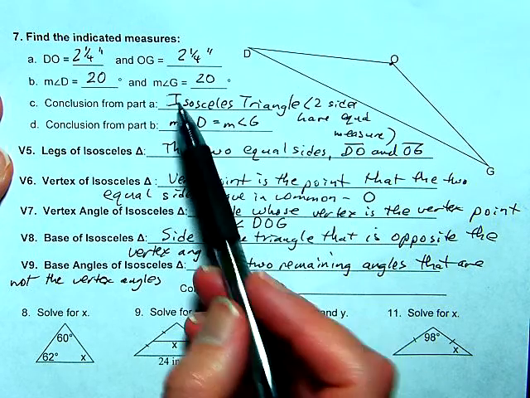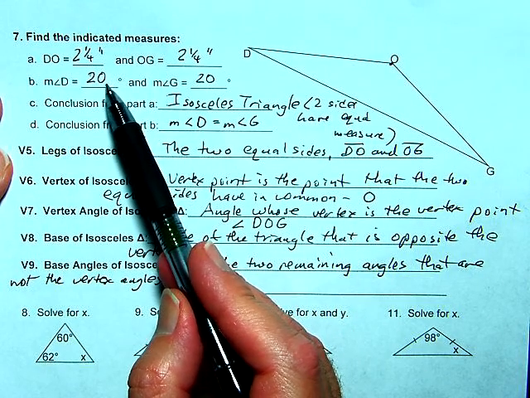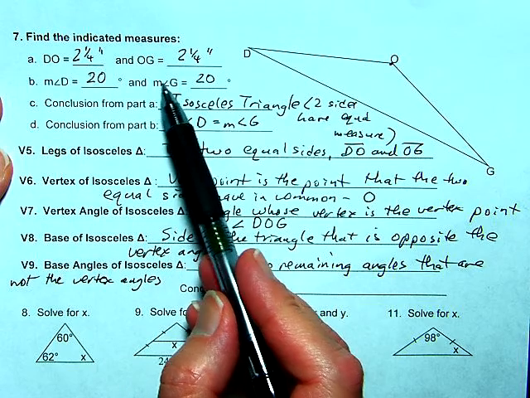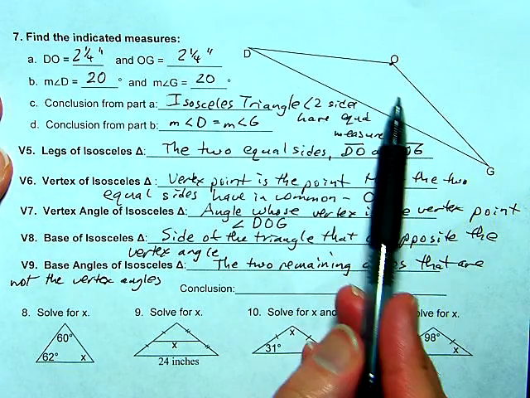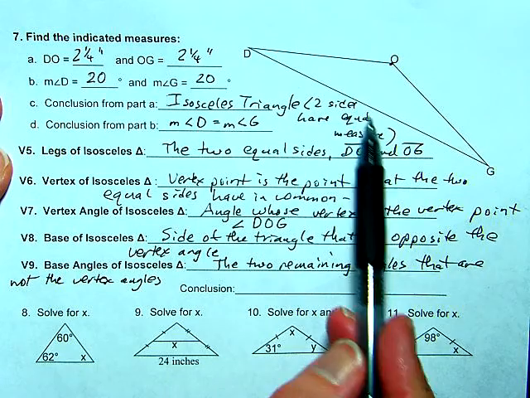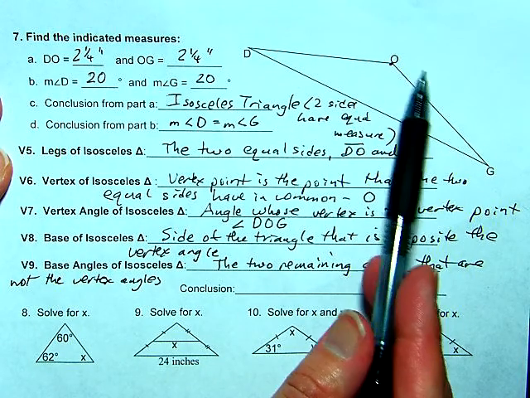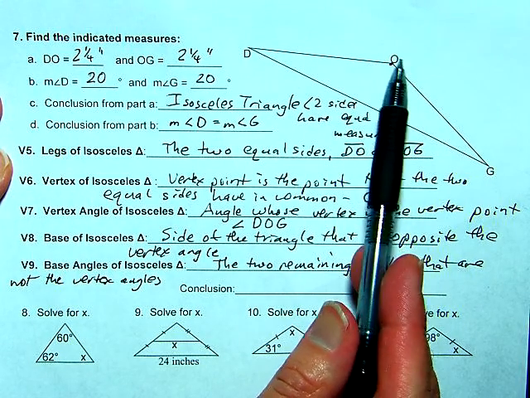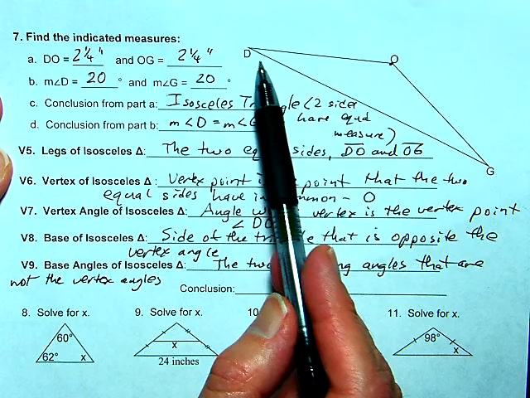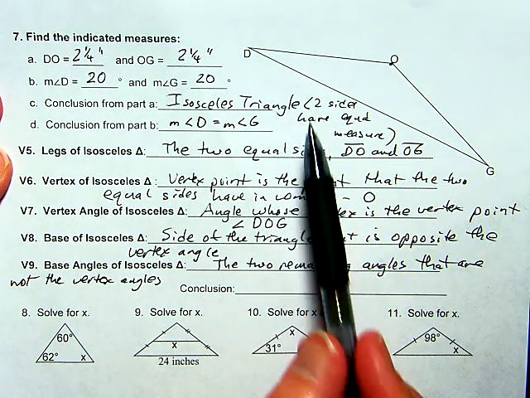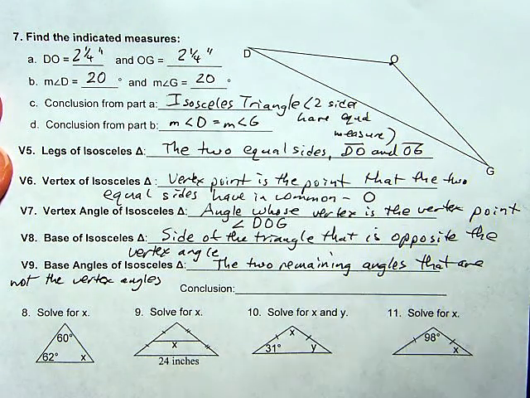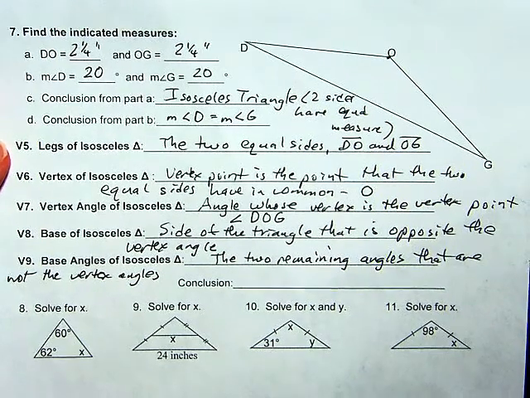When we were saying that the measure of angle D is equal to 20 and the measure of angle G is equal to 20, we were talking about the two base angles, because the vertex angle is opposite DG. So basically, we were saying that the two base angles of the isosceles triangle had equal measure. And so basically that is our conclusion.